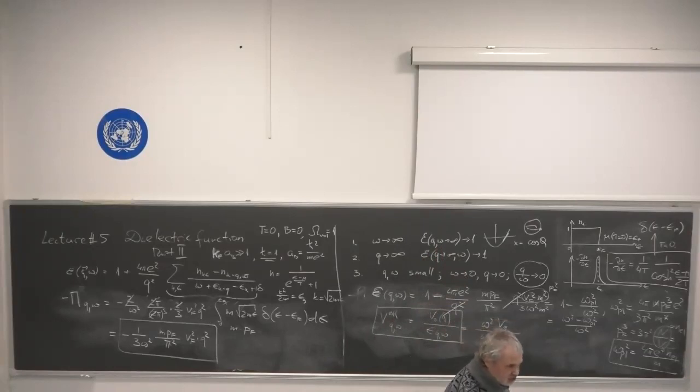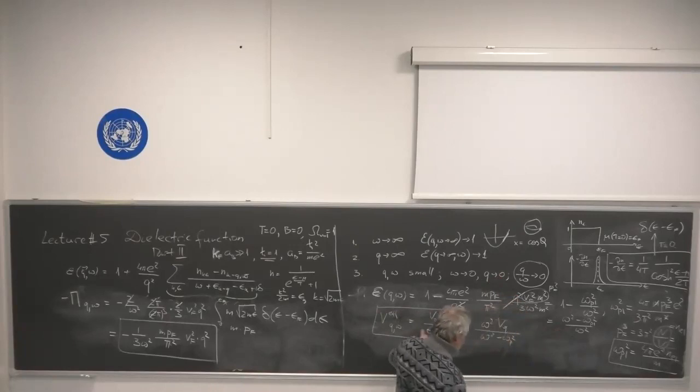So there is no time for screening and there is no space for screening, for short distances and for small times. But now I plug in a more sophisticated expression for the dielectric function, computed in the limit where both q and omega are not equal to 0 but are small. So this is what I got. I plug it in here, and I got this shape. Do you agree with me?